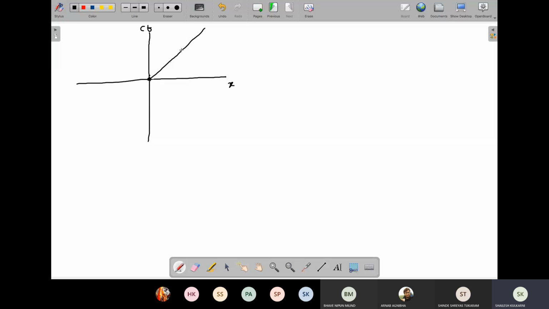Take any point on this; the separation between this and the origin is null. Take any other point, the separation of this point and origin is again null, and so on. I can extend this backward also.